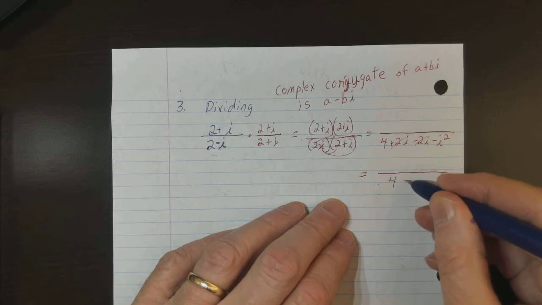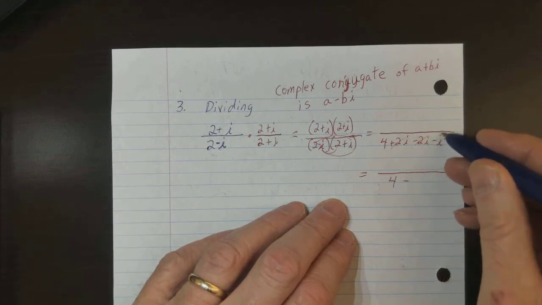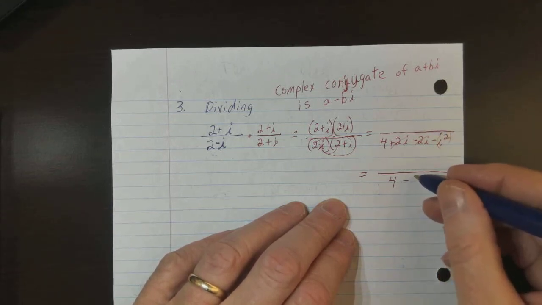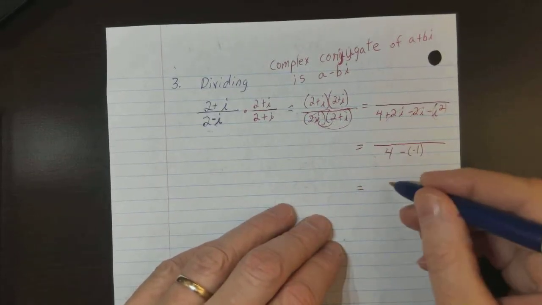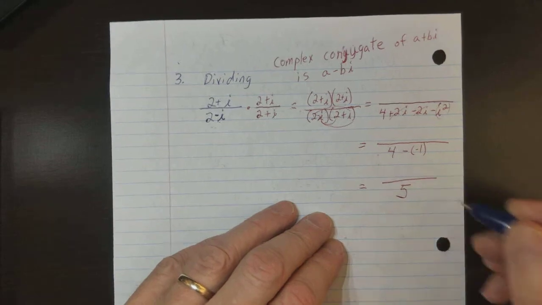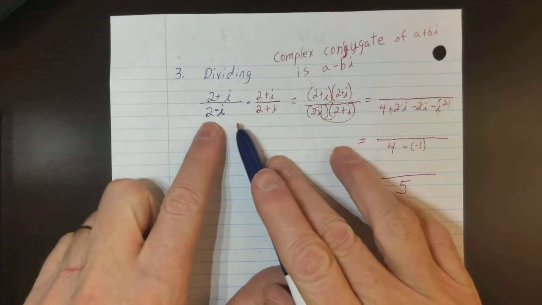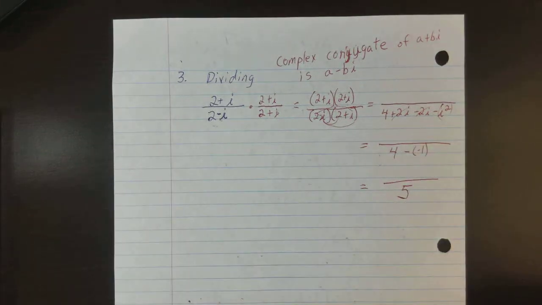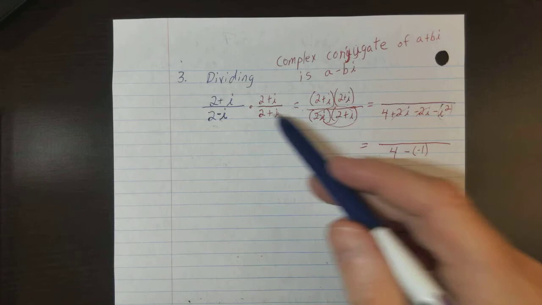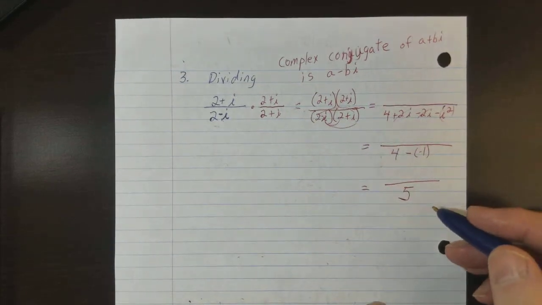That's 4 minus i squared, and don't forget i squared is negative 1. So that's 4 minus negative 1, so this denominator is 5. 2 minus i times 2 plus i is 5. That's what we're trying to do, make the denominator completely real.